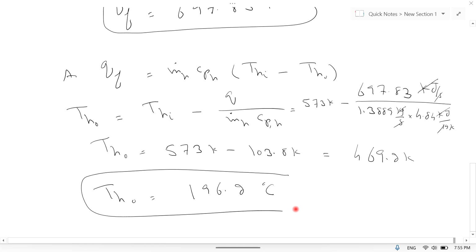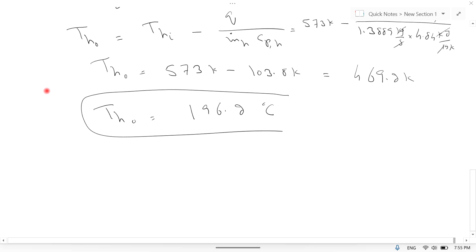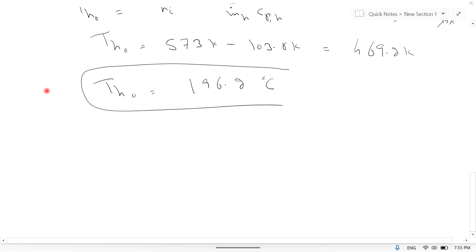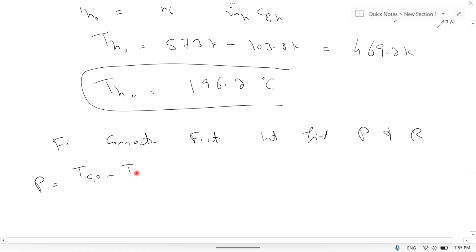Now we have to find the correction factor. For the correction factor, first we find the factors P and R. So P is equal to the temperature of cold water outlet minus the temperature of cold water inlet, divided by the temperature of hot water inlet minus the temperature of cold water inlet.